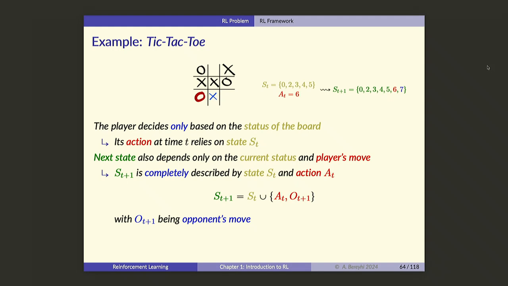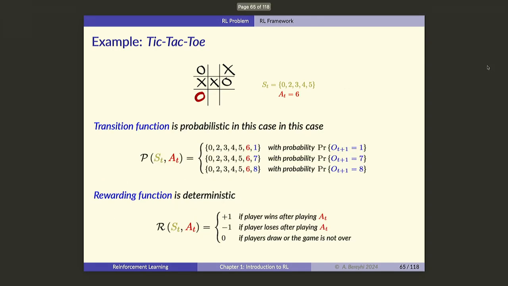The key point is that the next state can always be written as the previous state, union with the agent's action and the opponent's action. So the next state depends only on your current state. You don't need to know the very first state. This is a state-dependent problem.